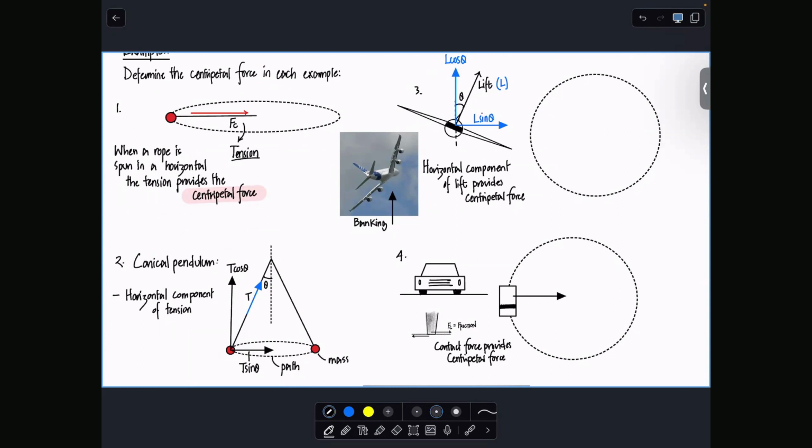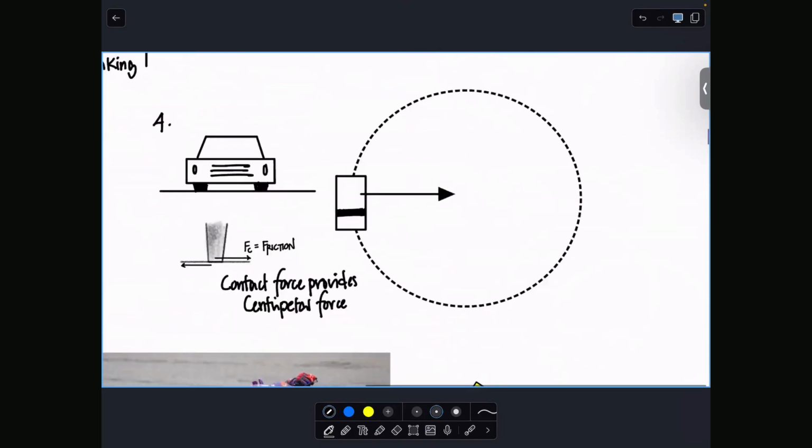The car one. Okay, I'll explain the car one more time.